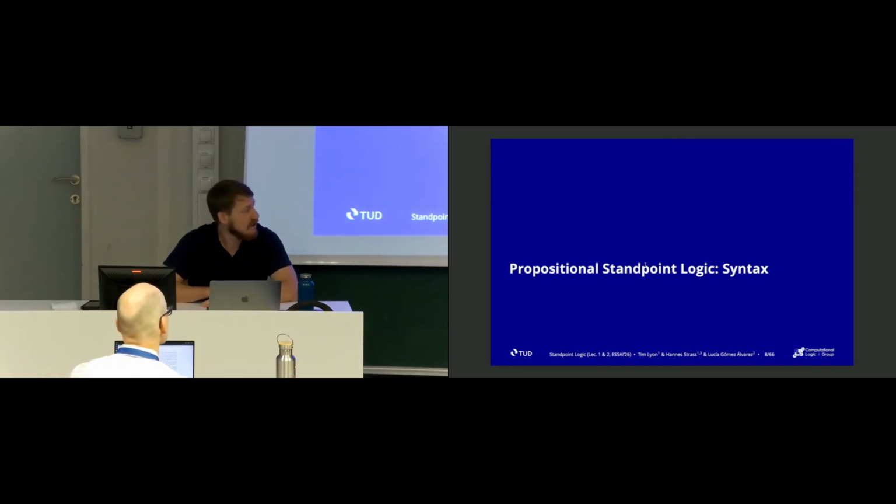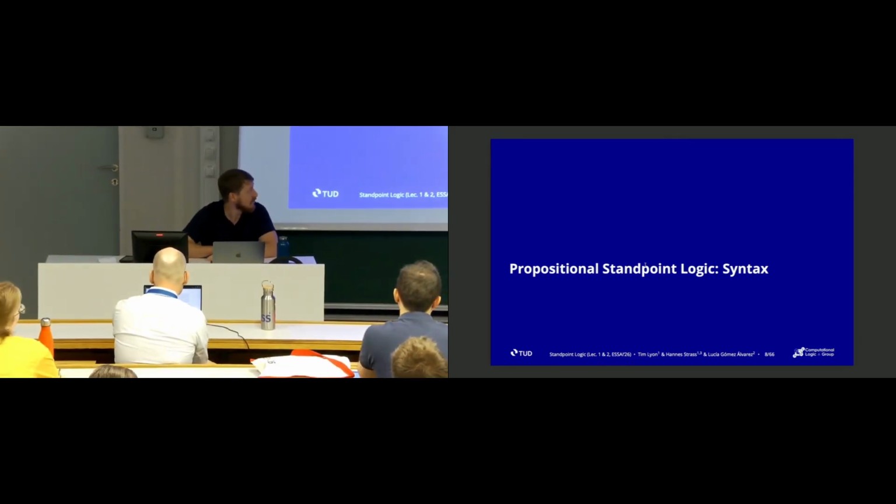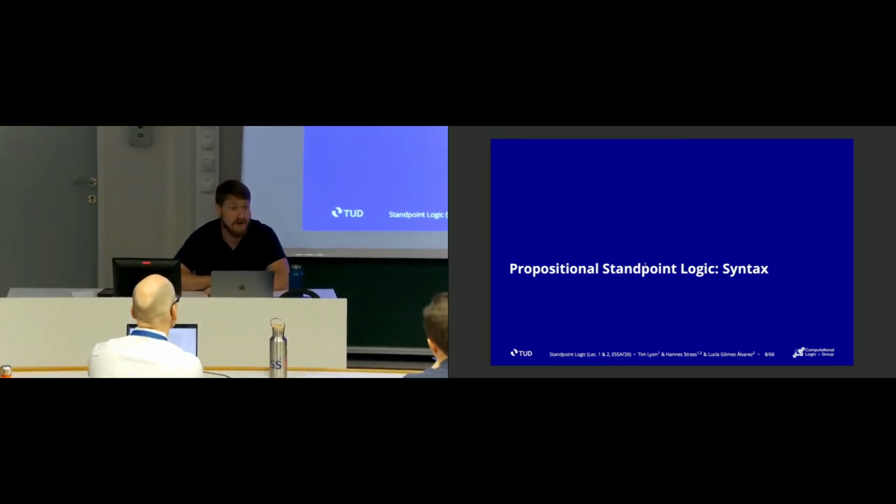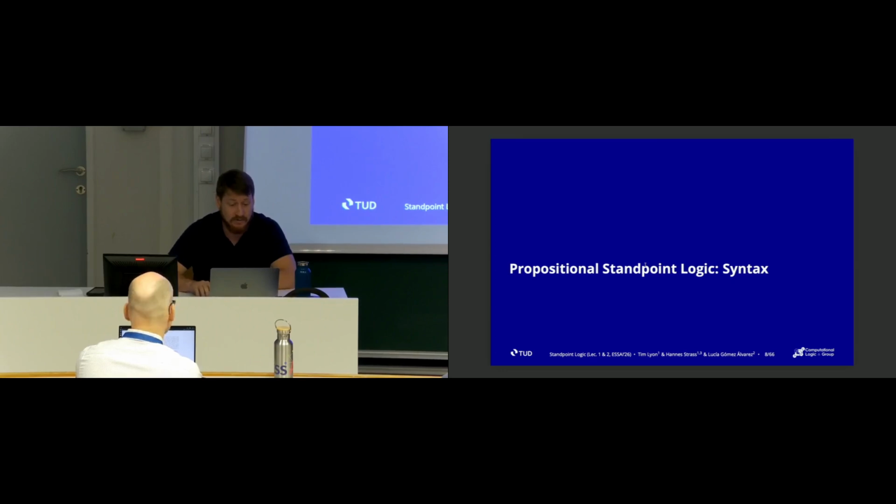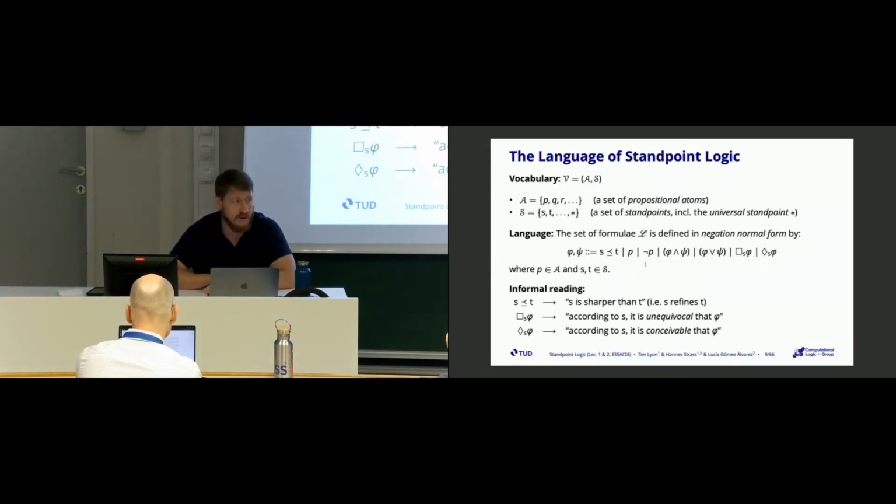Let's now talk about standpoint logic, and we will start with the most basic version of it. Right? So propositional standpoint logic, which I'll also call SL throughout the course of this lecture and the next lecture. The language of standpoint logic is defined relative to what's called a vocabulary. So a vocabulary is a pair which consists of two sets, A and S. A consists of propositional atoms, or atoms as they're sometimes called.